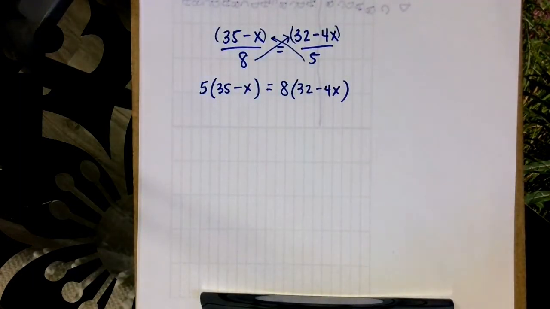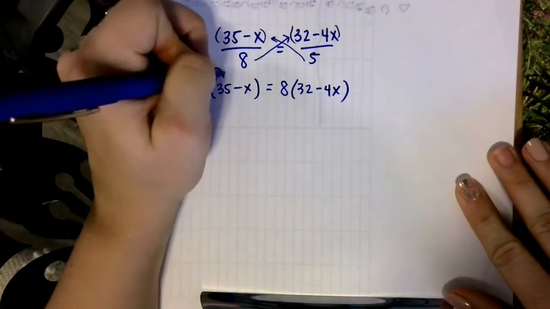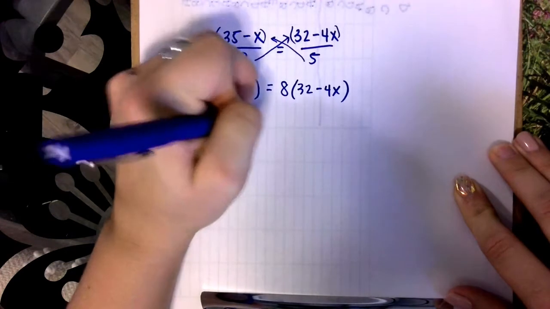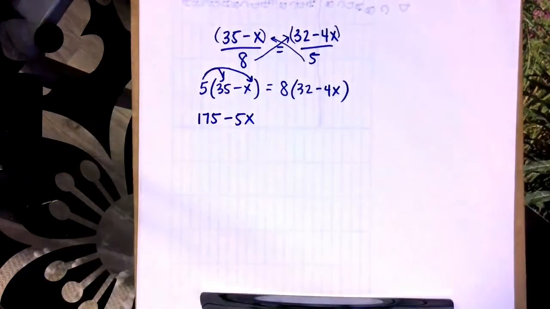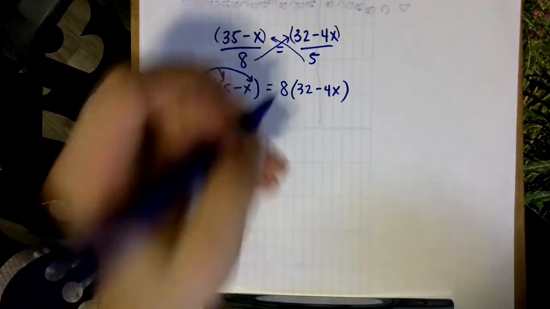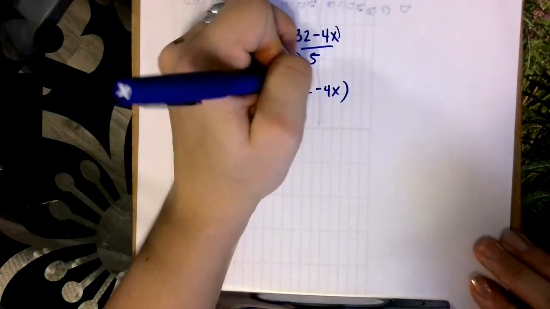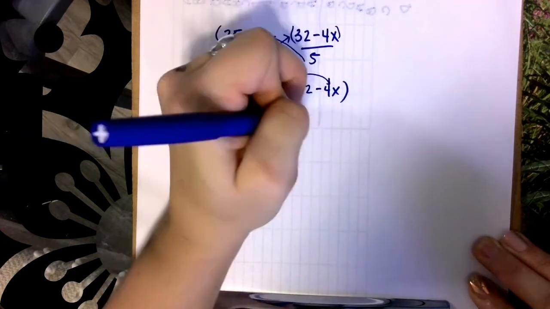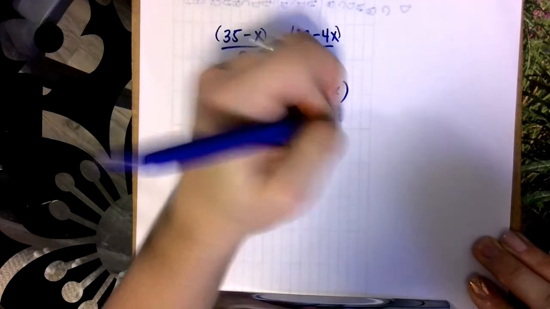Okay, so the next step is to distribute. So I have 5 times 35, that gives me 175 minus 5x when I distribute this, equals 8 times 32 is 256 minus 32x.